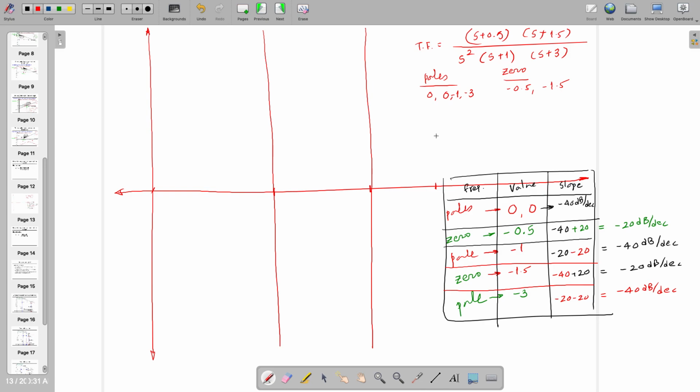Anything is fine, which will cover from the minimum to the maximum point, all the frequencies which are given in your transfer function, right? That is what you need to do. So you can start from 0.1, no problem. So I agree with Manas. So 0.1, then next point will be 1, then next point will be 10, right? So I can draw my magnitude response in these two boxes without having any problem, right?